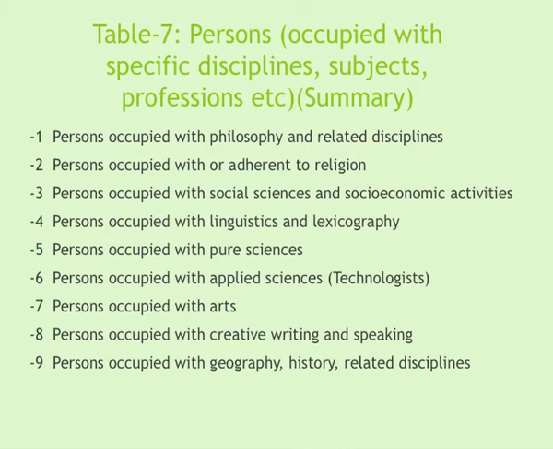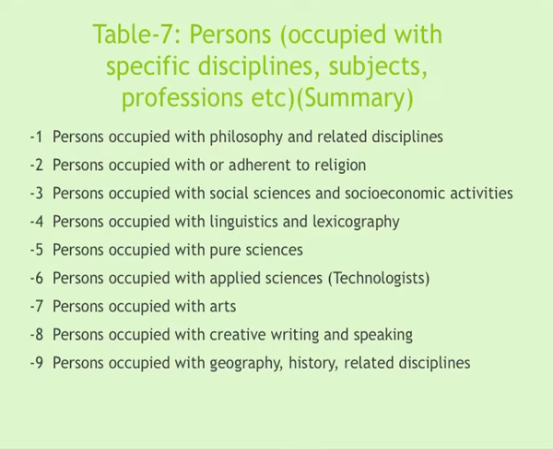So, for example, Muslims, Hindus, etc., these are groups of persons on the basis of religion. And 3 is persons occupied with social sciences, social scientists, political science, economists, etc. These are some groups of persons on the basis of social sciences.